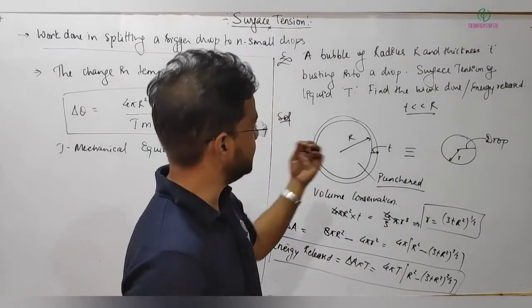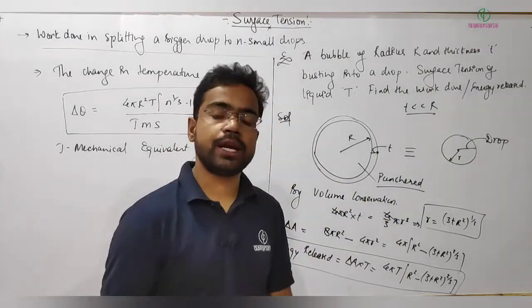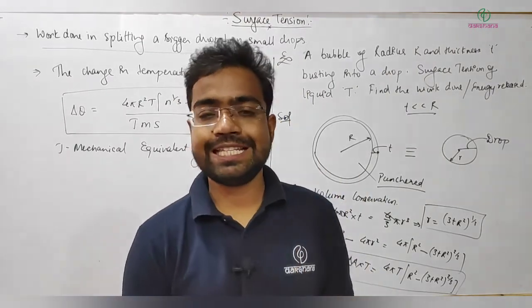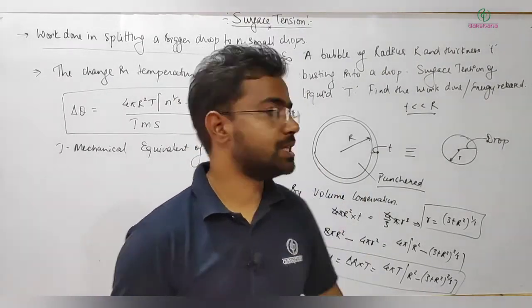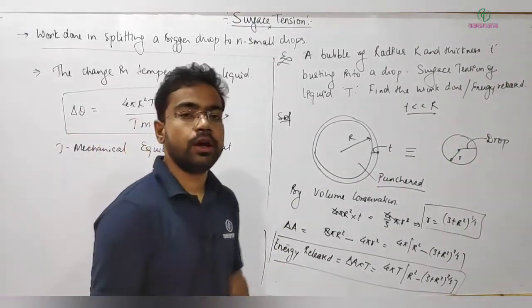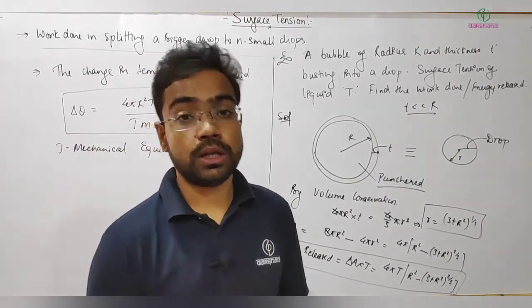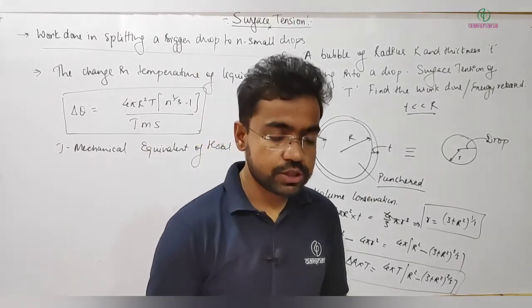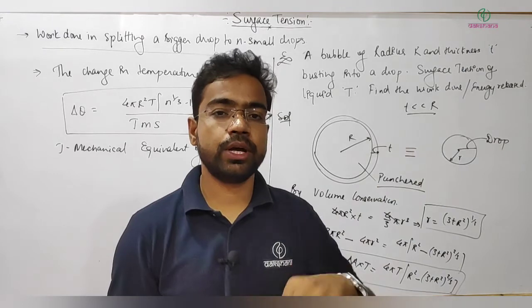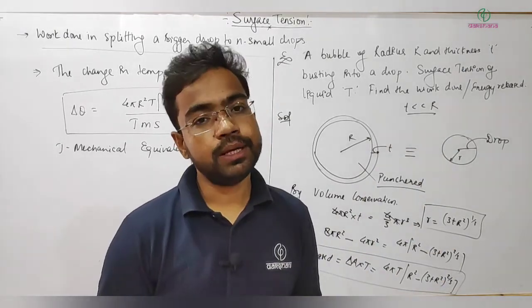So now whenever something is asked, energy released, energy supplied, etc., just go for change in surface area in whatever process is happening. Like the case I just discussed, blowing a bubble or drop. In that situation I considered you have some tank of water, and from that you are creating one bubble or maybe a drop.